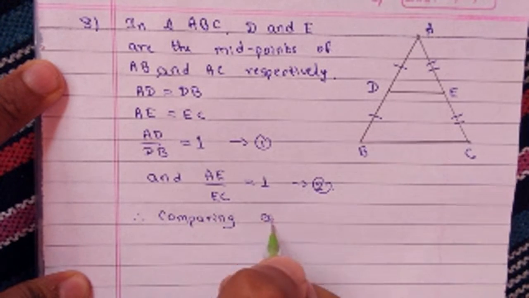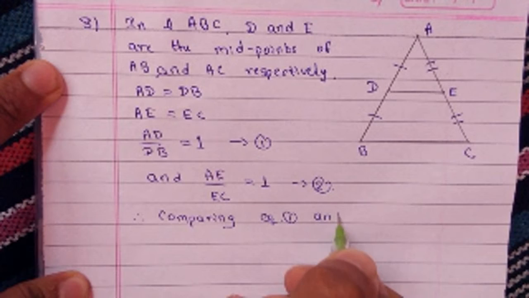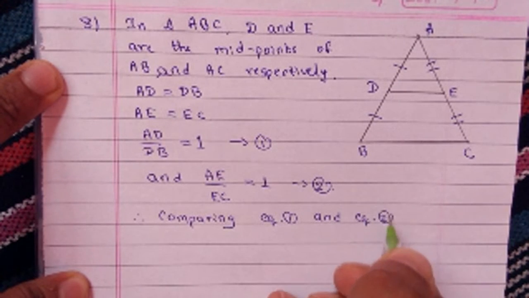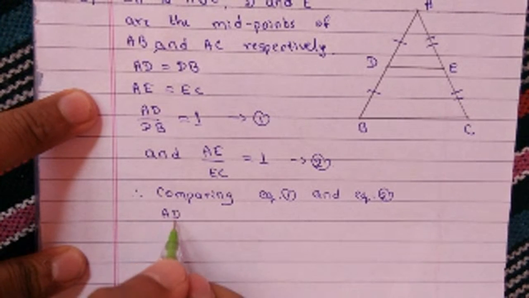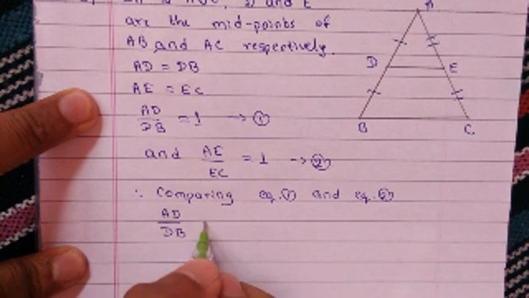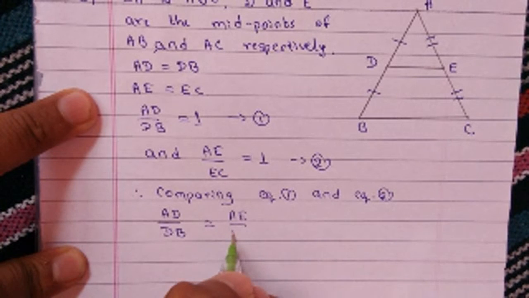Comparing equation 1 and equation 2, AD divided by DB equals AE divided by EC.